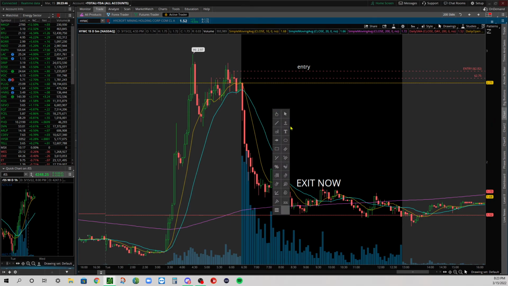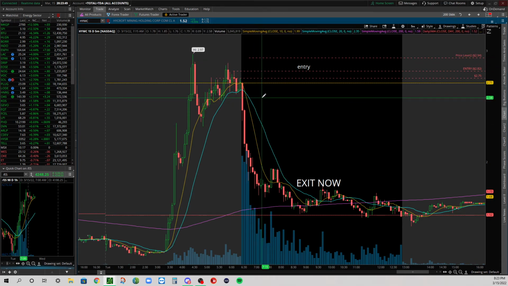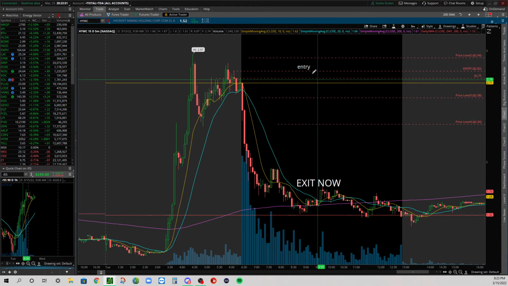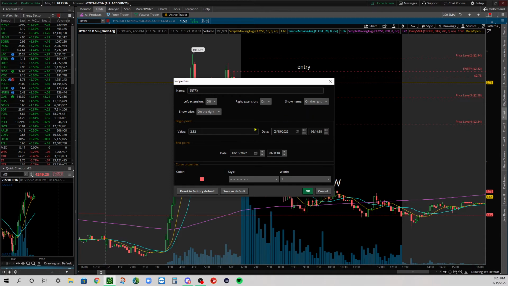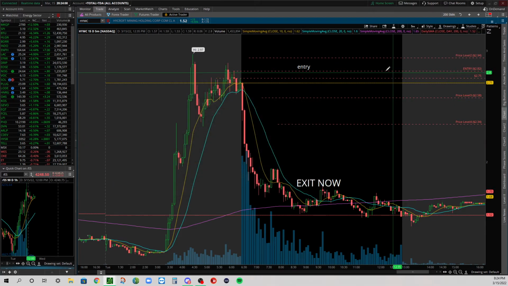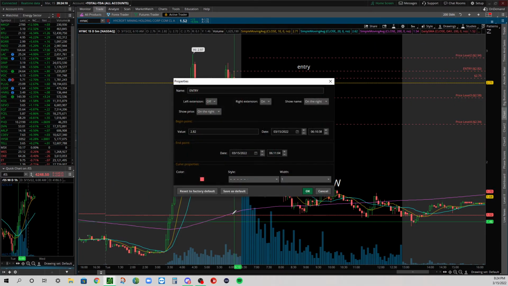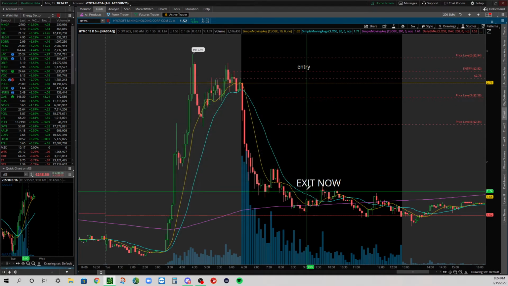So if you just double click, it doesn't. Oh, how come yours doesn't say? Can you edit it real quick? Oh, that's weird. Why is it like that? Yeah, it should say the name on it. Mine says name right here, but yours says price level. Mine literally says entry, and then it changed to exit every time you click a new one.